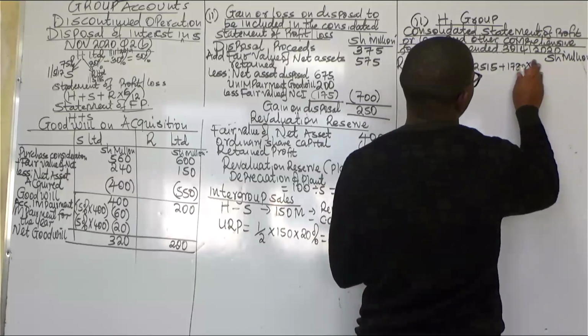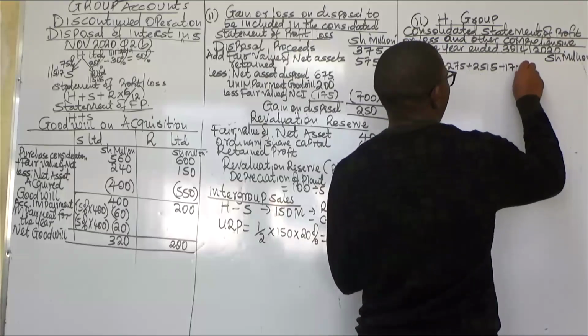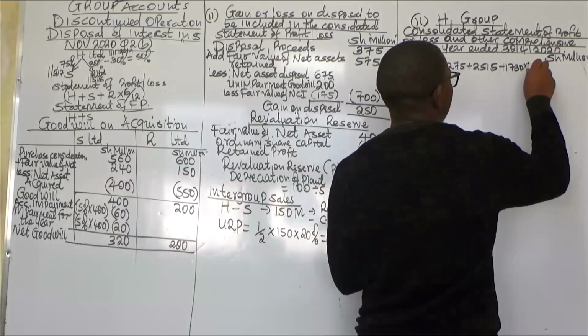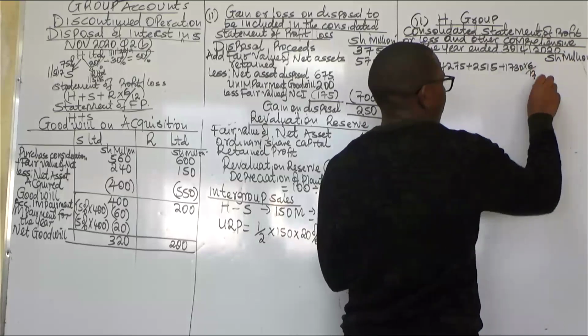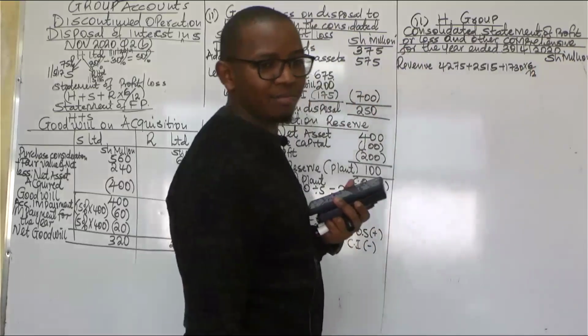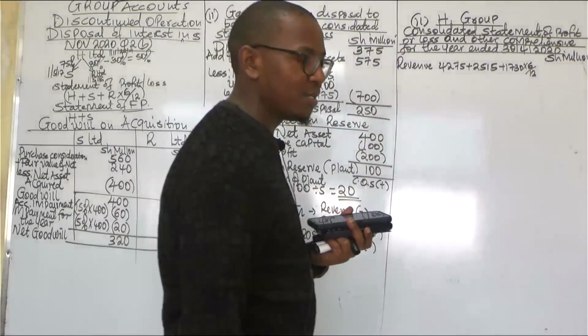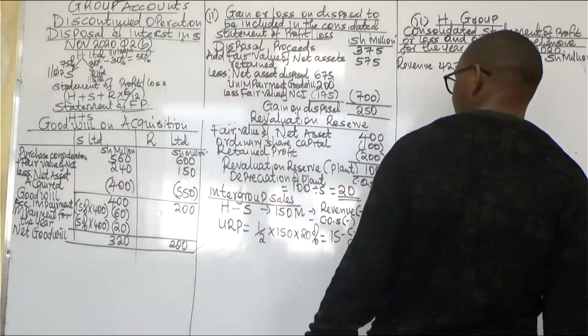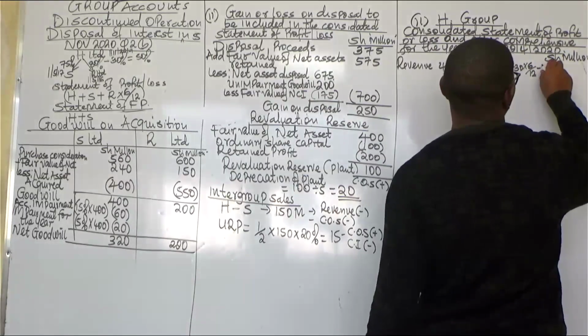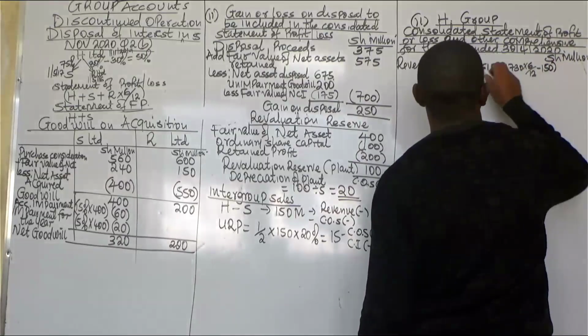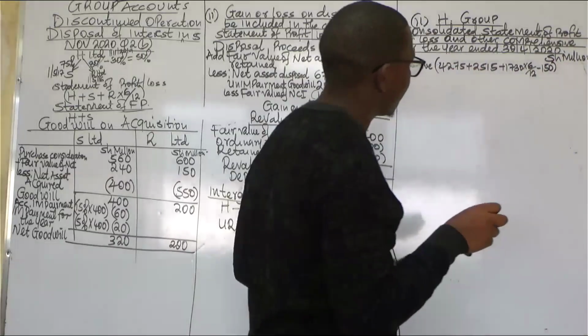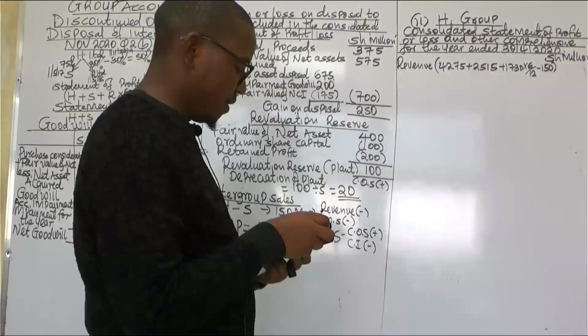Remember, this should be 17.30, I multiply by 6/12, the period that R Limited existed as a subsidiary, and then the intergroup sales are less 150. How much is it giving you?